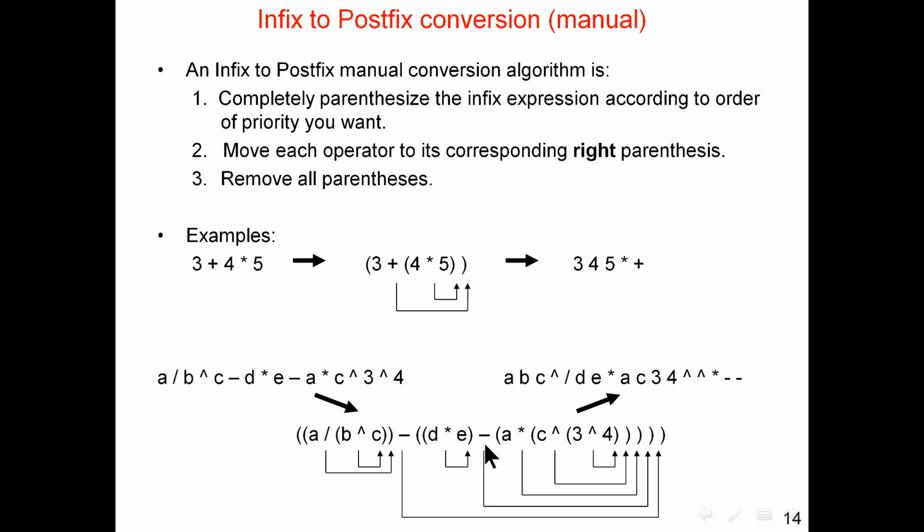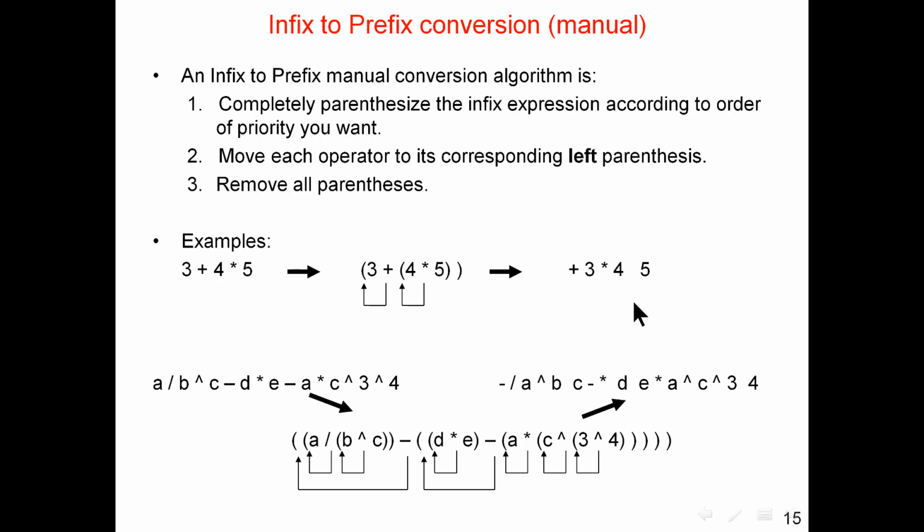Then minus a multiplied by c to the power of 3 to the power of 4, and then we start moving all operators to the right of the enclosing parenthesis, and finally it looks like this. You can do this on paper and recheck whether it is right.